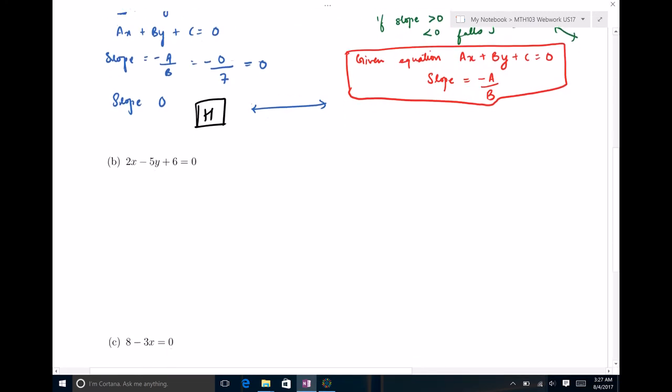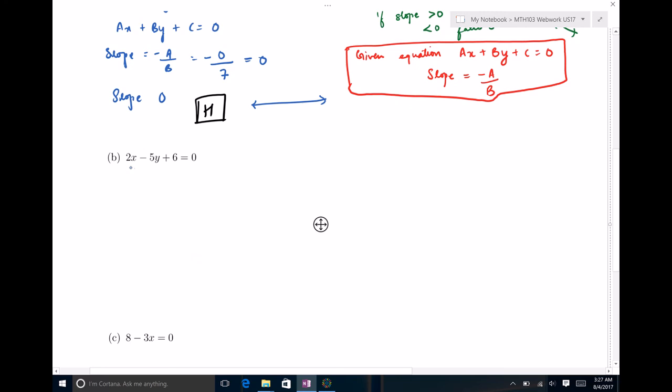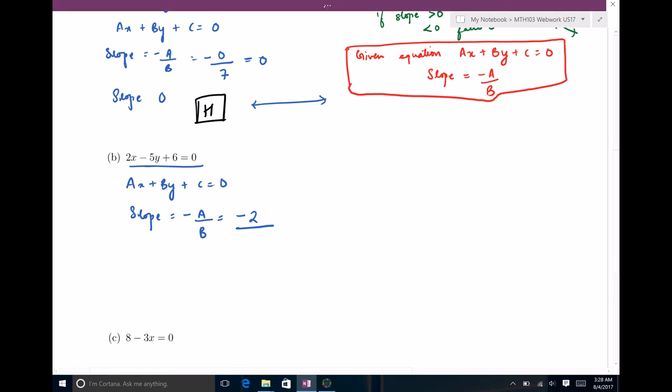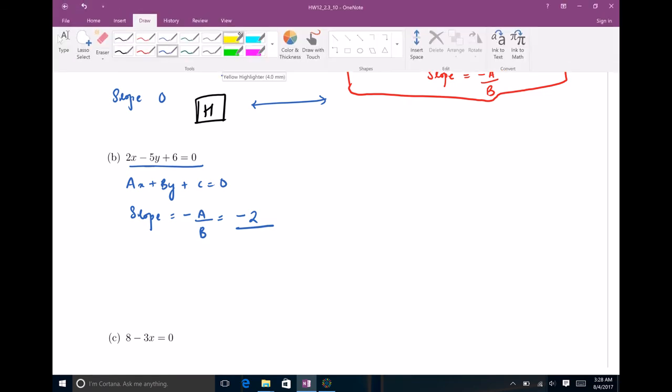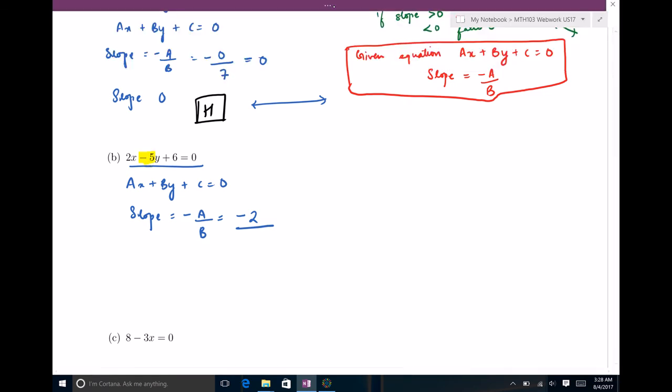Similarly, for the next example, this equation already looks like what we had. It looks like ax plus by plus c equals 0, and the slope of this line is given by negative a over b, which in this case a is 2, so it's going to be negative 2, and b is the coefficient for y, so b is negative 5.